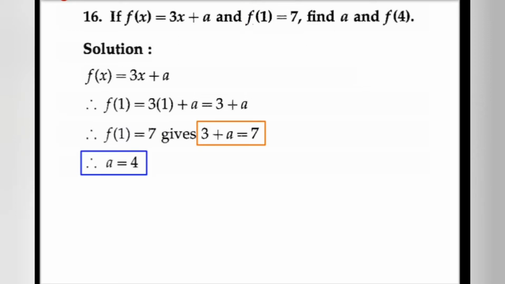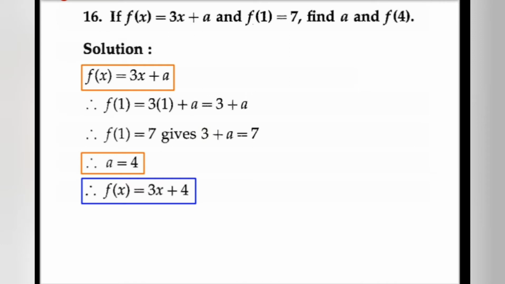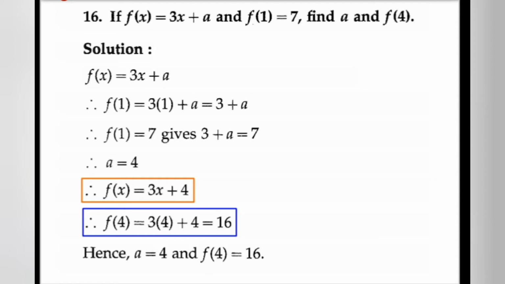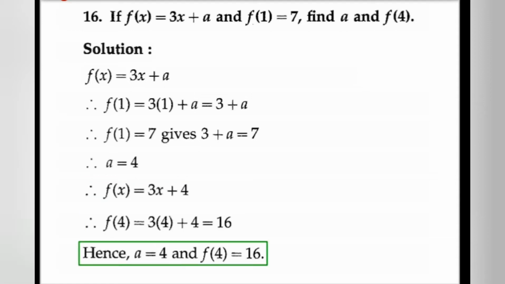So the value of a is 4. Now f of x is equal to 3x plus 4. So f of 4 would be 3 into 4 plus 4, that is 16, which means the value of a is 4 and f of 4 is 16.